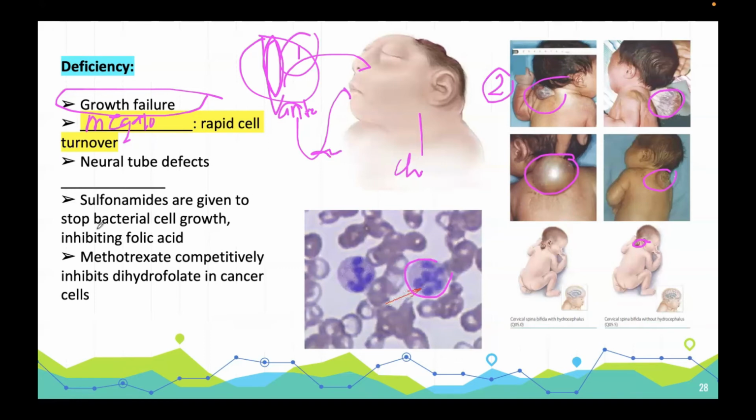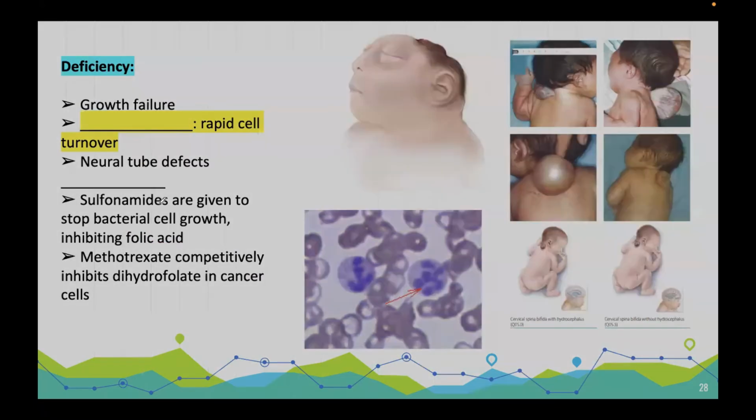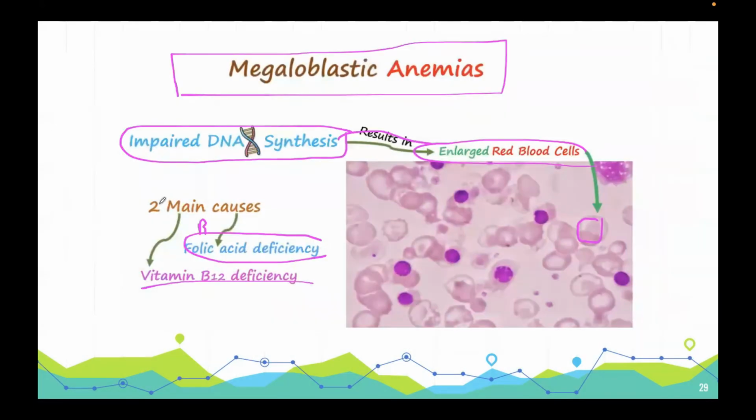Sulfonamides are given to stop bacterial cell growth, inhibiting your folic acid. Okay, may mga antibiotics po tayo na nakakaapekto sa intake po natin ng folic acids and then the absorption. And then your methotrexate competitively inhibits your dihydrofolate in your cancer cells. Okay? So, going back lang sa ating megaloblastic anemia, folate deficiency give rise to hematopoietic stem cell.